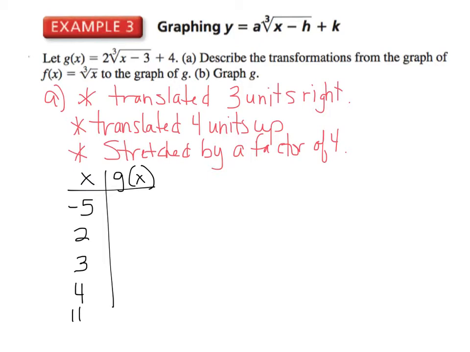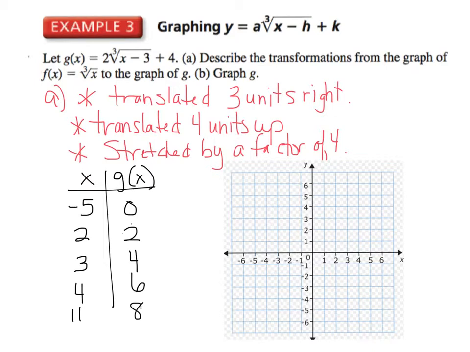So then I get all nice, neat numbers. Let's try that again. If you plug in -5, you get 0. Then you plug in 2, you get 2. 3 gives you 4. 4 gives you 6. And 11 gives you 8.